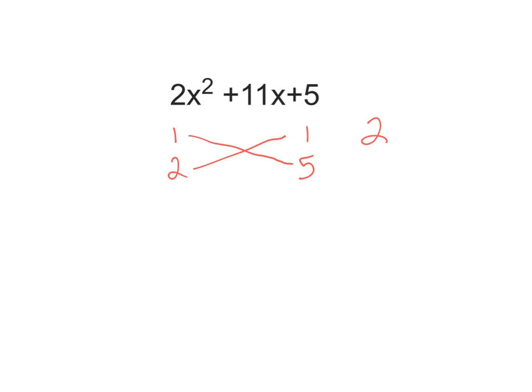And then you're going to do the 1 times 5. Make it a 5. Do 2 and 5 make 11 at all? No. Like adding or subtracting? No. Whoa, that's not what I meant to do. Eraser. There we go.